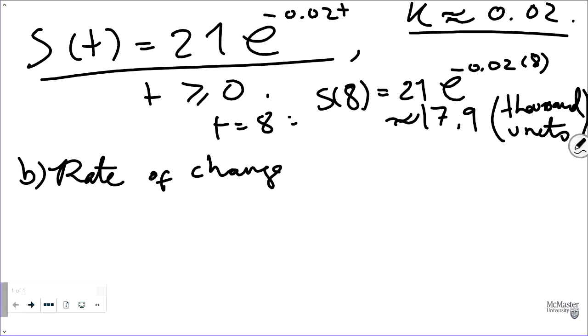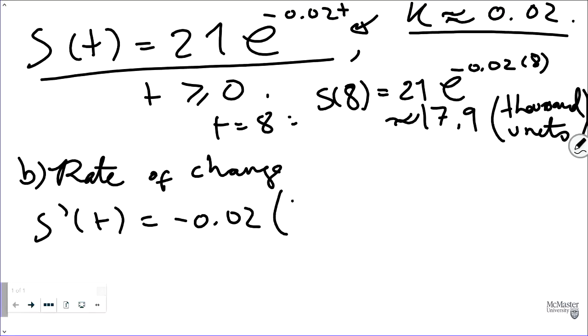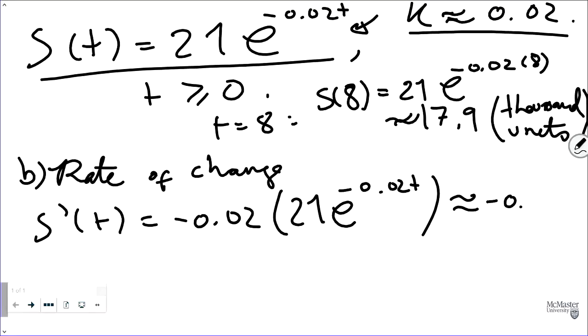We simply compute s prime of t, which is in this case, okay, I had this model. So just applying my laws for exponentials, I have minus 0.02 times 21 e to the minus 0.02 times t. And if I do the computation, this is around minus 0.42.